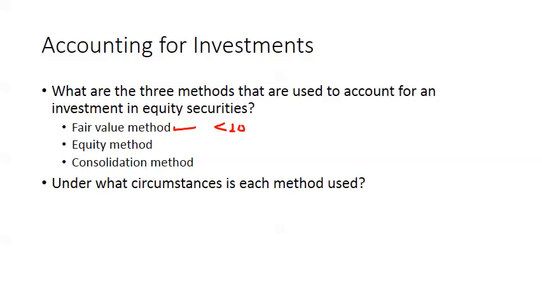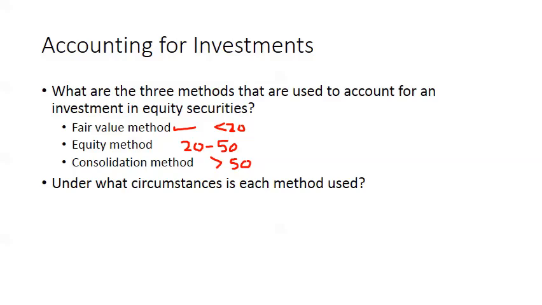That is what we call passive investment. What about the equity method? The equity method is when you buy 20 to 50% of the voting stock of another company. Then finally, we have the consolidation method when we own more than 50% of the company's stock.